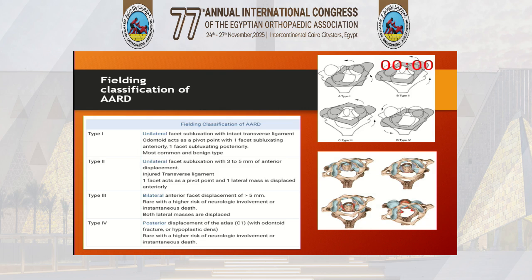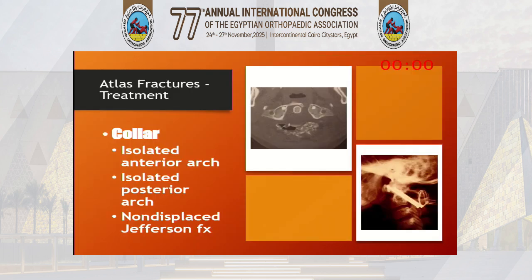Type 2 is the pivot of one of the lateral masses and anterior subluxation. Type 3, both are subluxated anteriorly with ruptured transverse ligament. And type 4 is displacement posteriorly with rupture or fracture of the odontoid process.